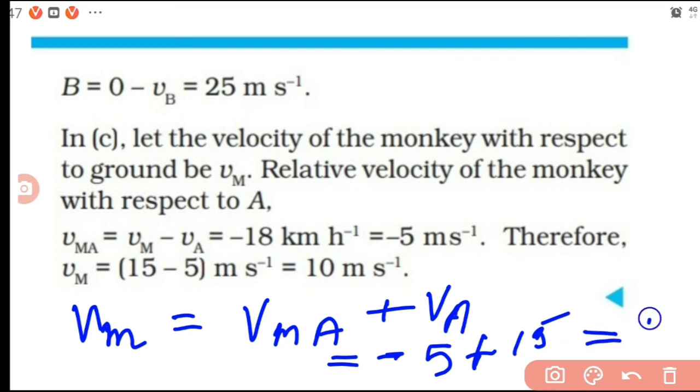So we have 10 meter per second. 10 meter per second is the velocity of monkey with respect to the ground. So the monkey is moving towards north with a speed of 10 meter per second. With respect to train A it is moving towards south, but for a person standing on the ground, the monkey is moving towards north with a speed of 10 meter per second.